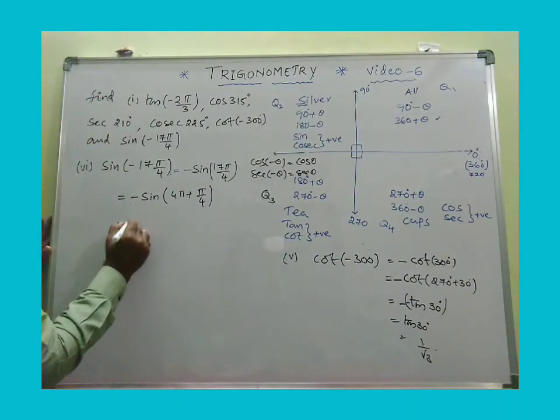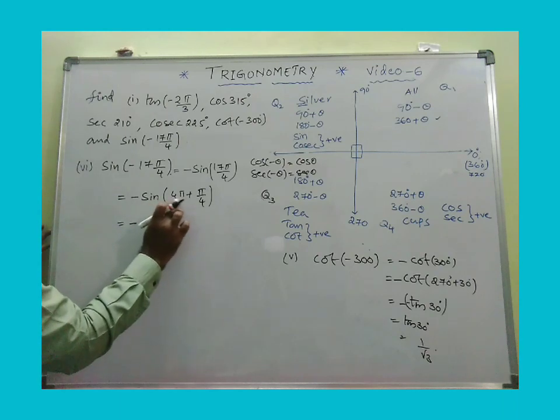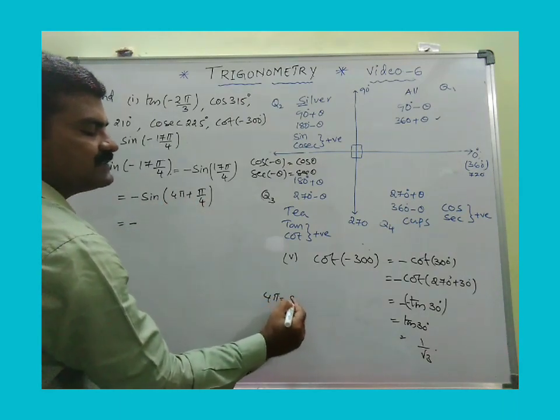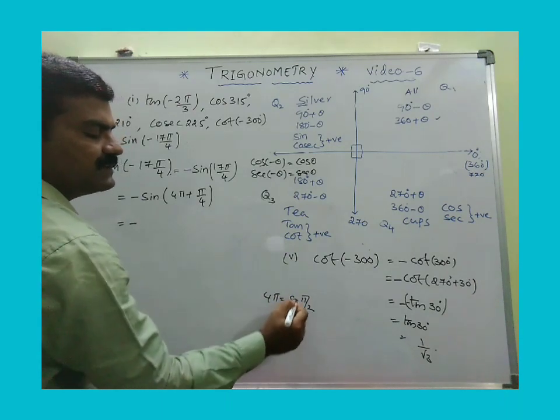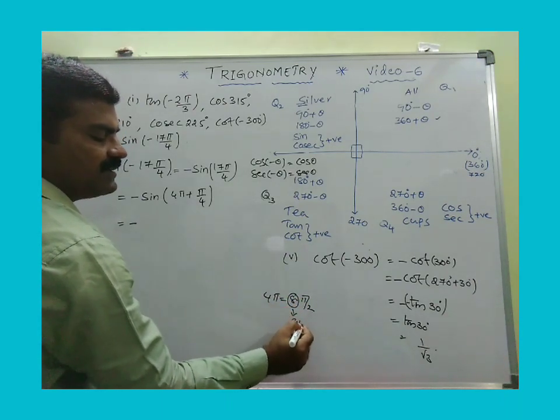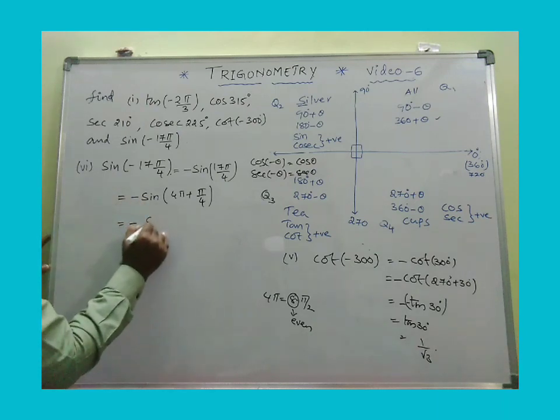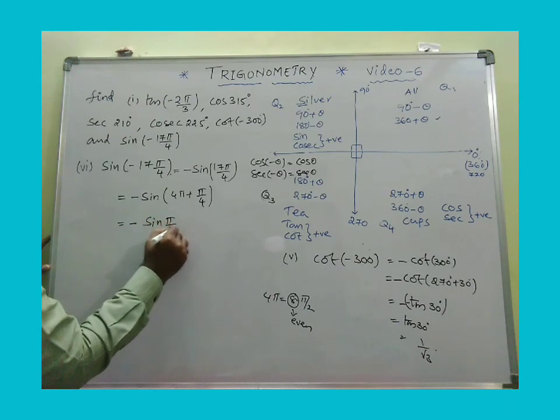And before that there is a sign minus. Now this 4 pi, I can write it as 8 into pi by 2, isn't it? And here 8 is even, so it is in the form of an even multiple of pi by 2. Hence change or no change? No change. So let it be sine pi by 4.